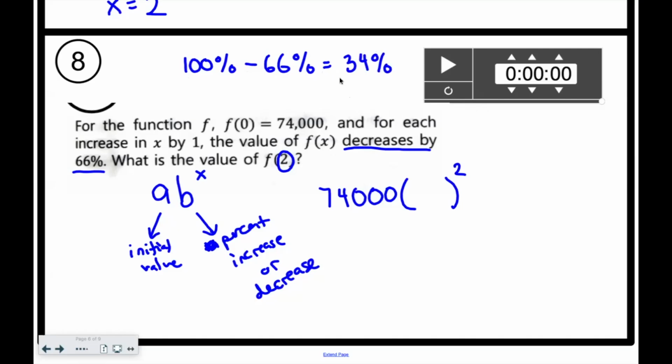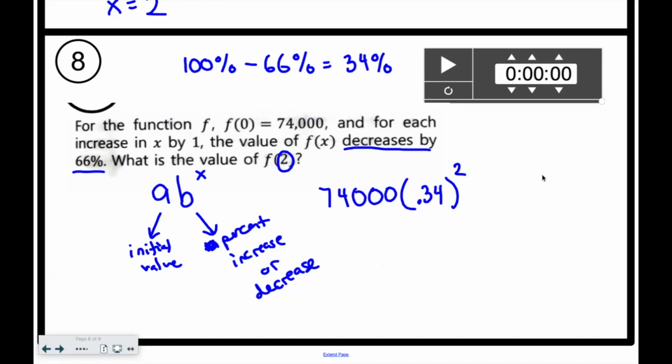So every time we lose 66%, we're keeping 34% of it. So the decimal that's going to go in here is 0.34. So when you have a 66% decrease, the decimal that represents that is 0.34. And then this 2 tells us we're doing it to the second power, and the 74,000 is where we start.